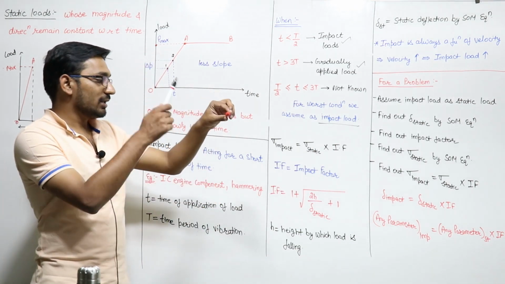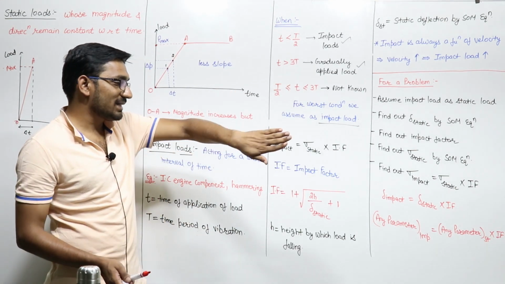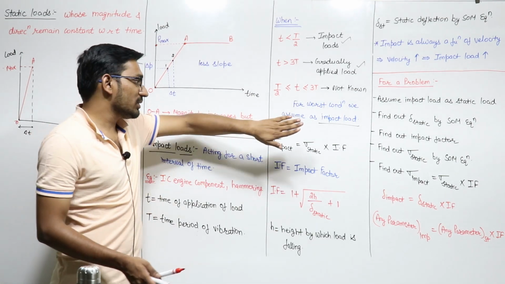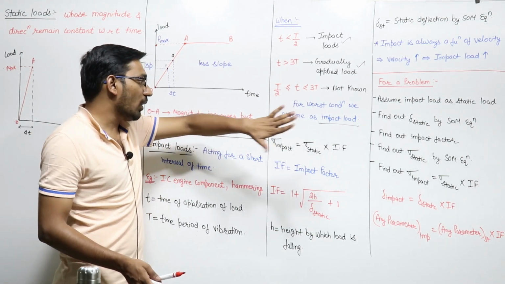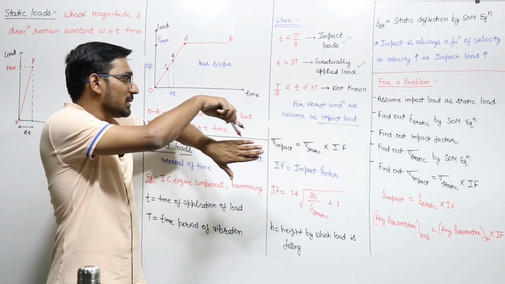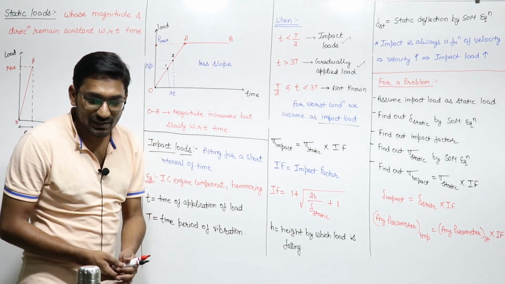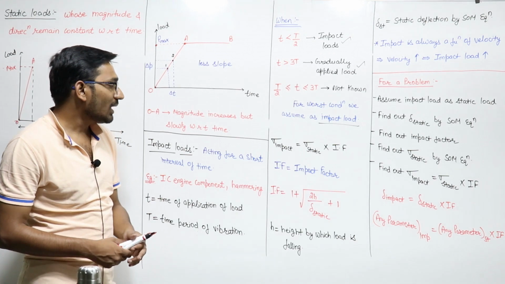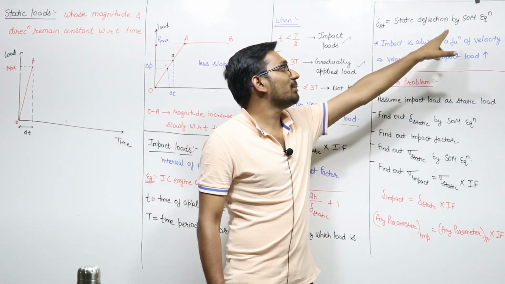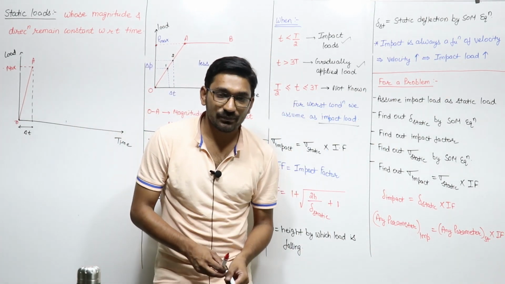So if my hand is here and I am applying load on this marker or on this board, the distance between this board and my hand will be h. So h is the height by which your load is falling. And delta static is the static deflection, which can be obtained with the help of the Sohm equations, right?